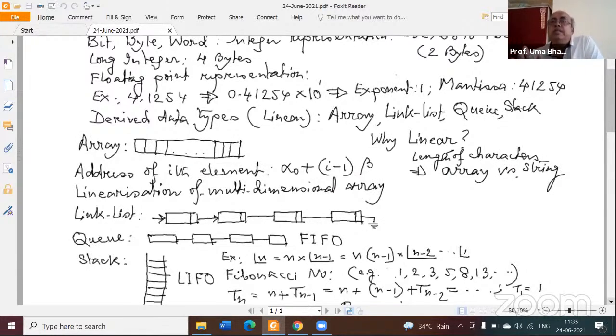Like, nature doesn't change. If I'm supposed to have factorial 6, but take factorial 4, the nature, the structure of the problem is the same.